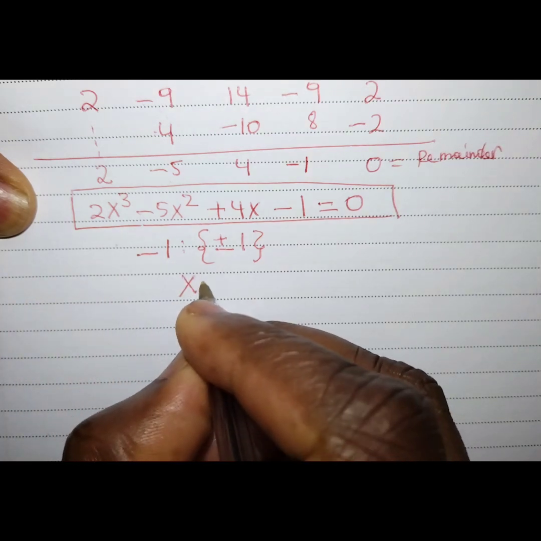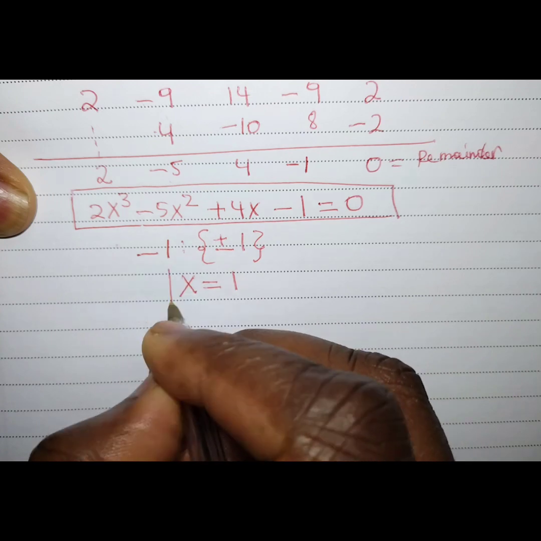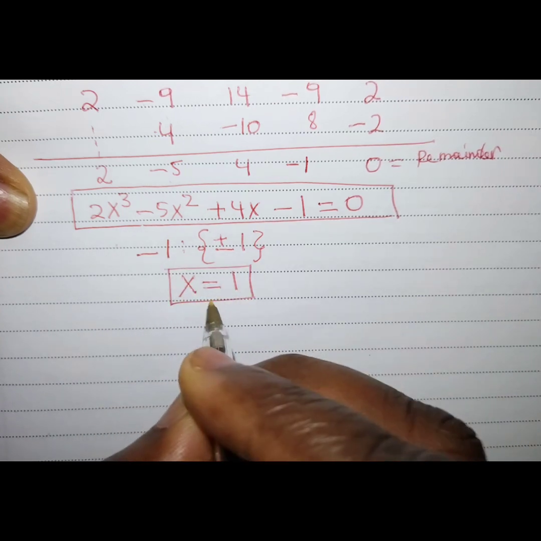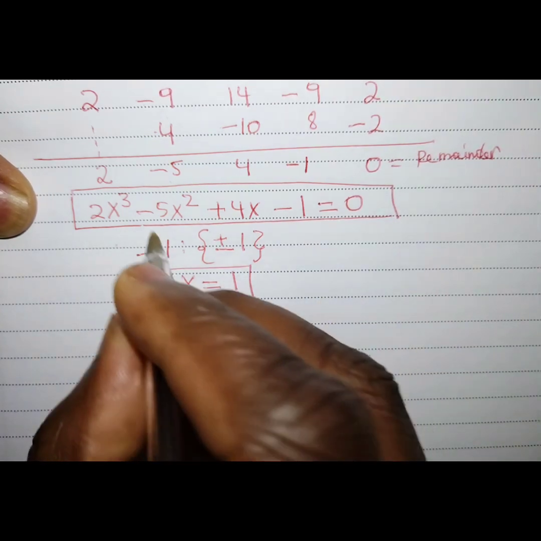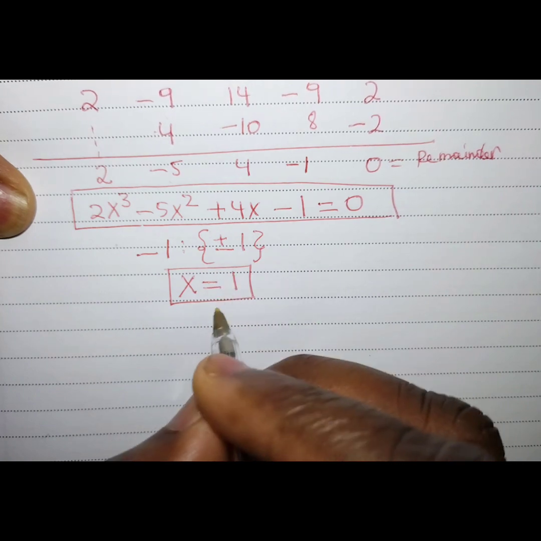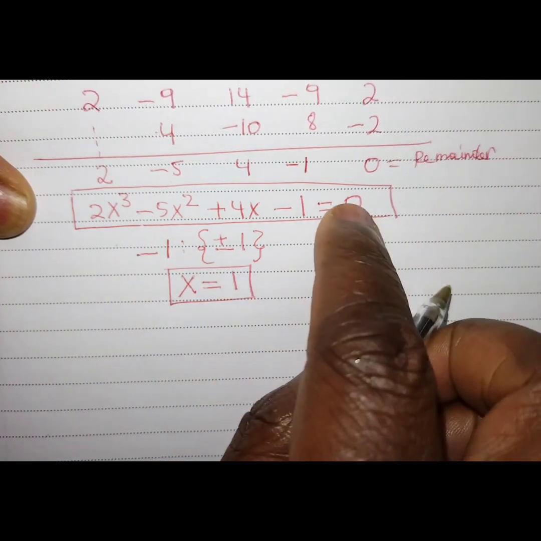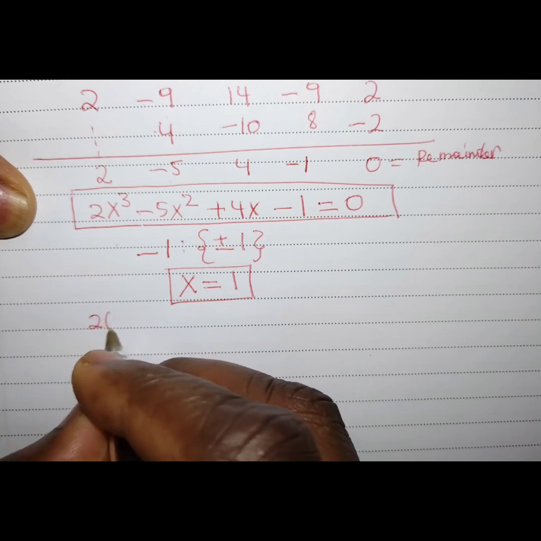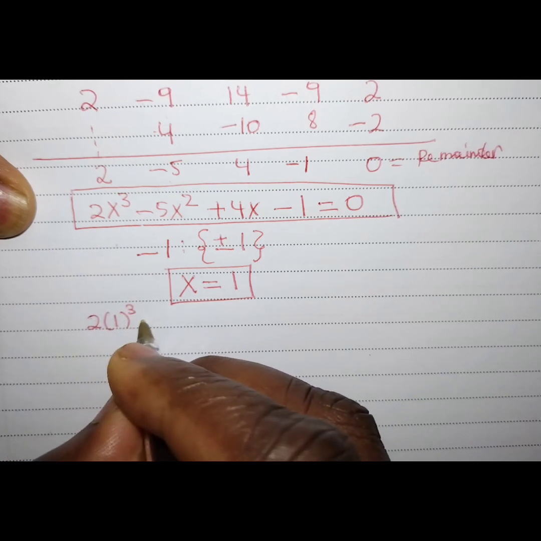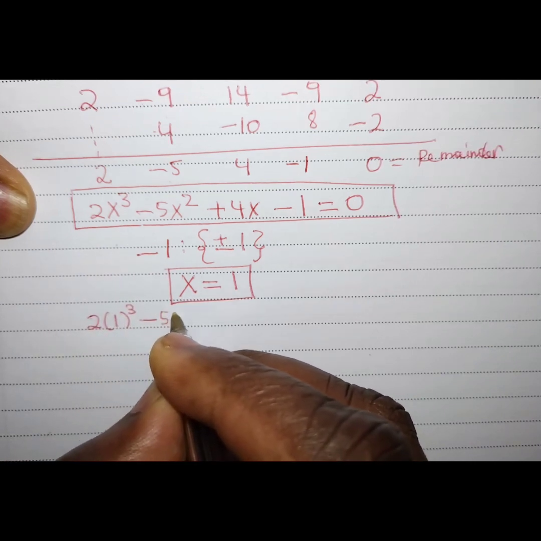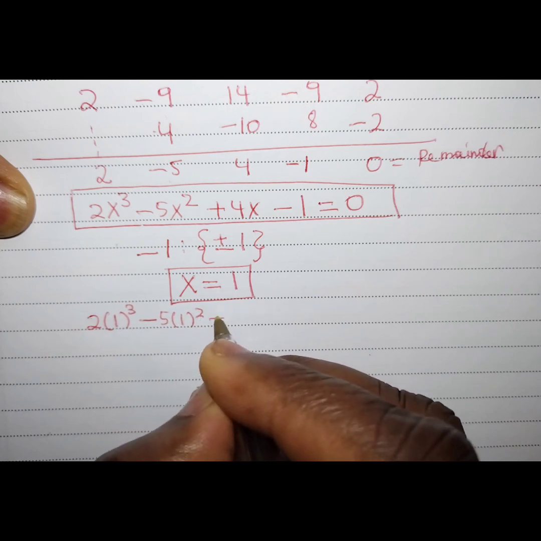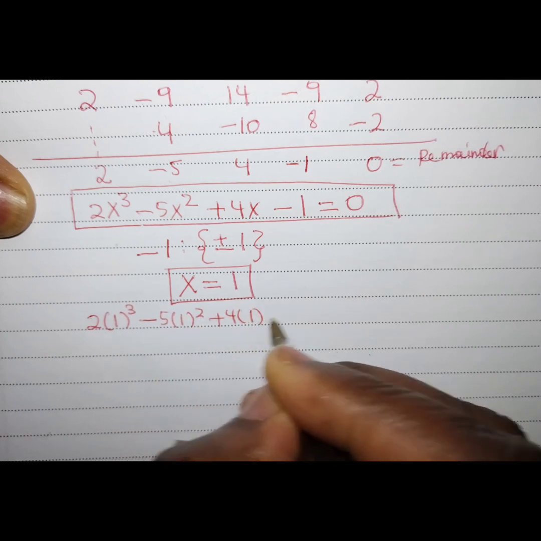So let me take x equals positive 1. Then when I replace the value of x there, will I find 0? So I'm going to have here 2 into 1 raised to the power 3 minus 5 into 1 raised to the power 2 plus 4 into 1 minus 1.